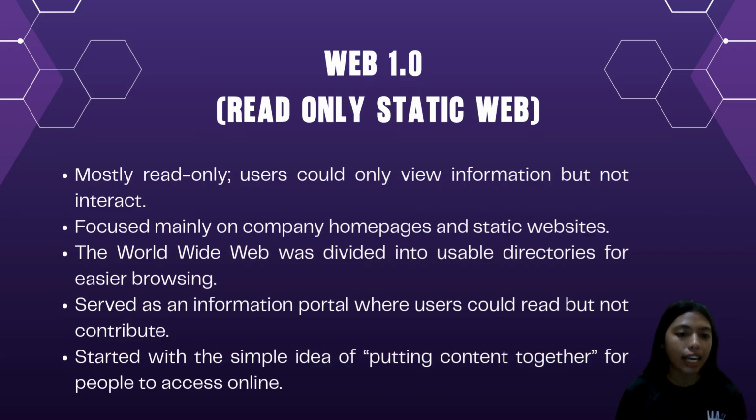Developers and organizations were simply focused on getting information online, creating the foundations of what would later become the modern web. So this simple idea of making knowledge available globally is what made Web 1.0 revolutionary at its time.